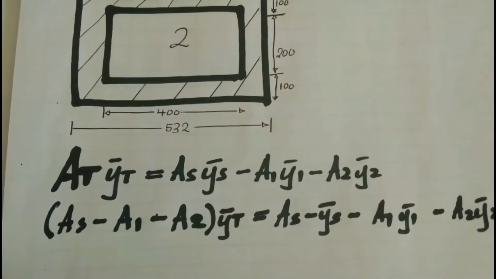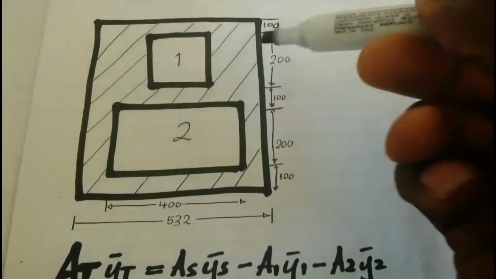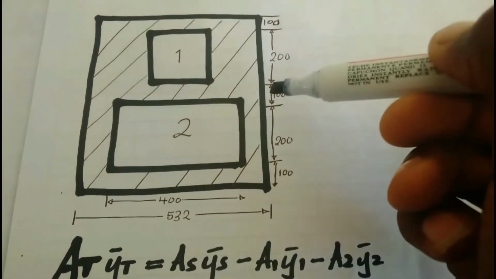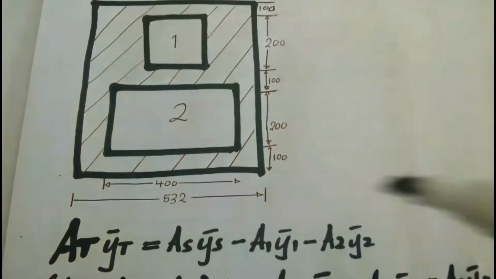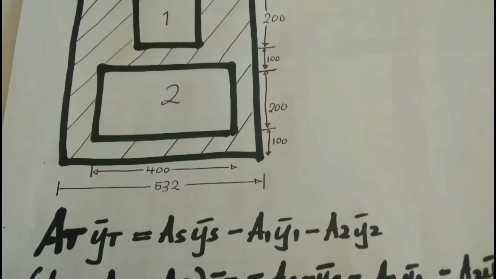So let's go now for the area AS. We got that from 100 plus 200, 300, 400, 600, 700 millimeters, divided by 1000, that is 0.7 meters.